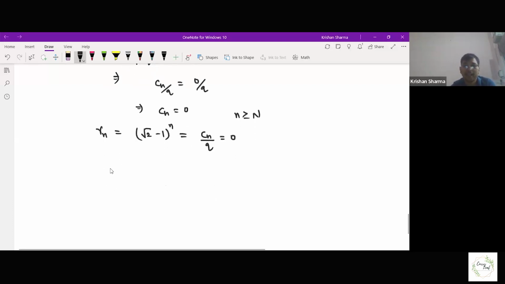Now, a number raised to power n is 0, that means square root 2 minus 1 is equal to 0. Well, that will imply square root 2 is equal to 1. But we all know that is not true. So therefore, square root 2 is irrational.